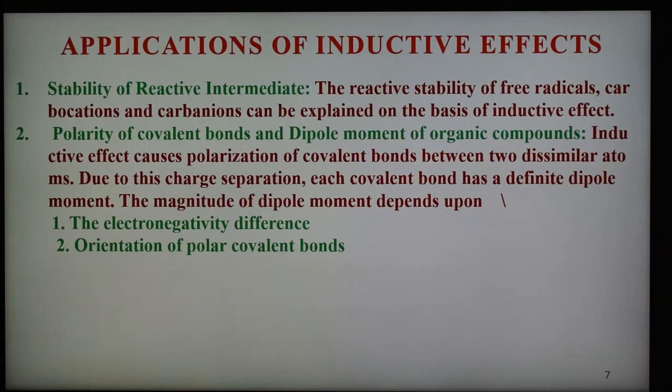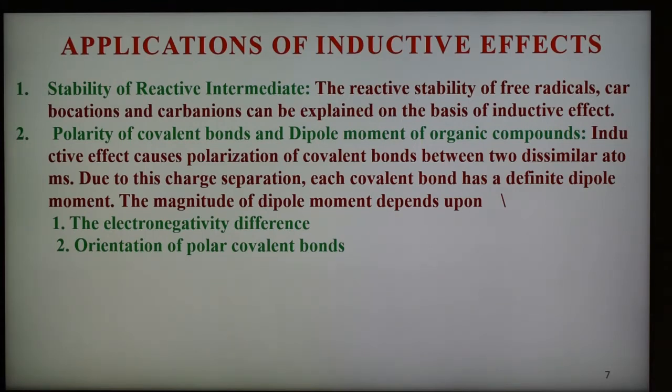In case of methyl alcohol, CH3OH, the dipole moment is 1.71 D, 3.5 to 2.5 is the electronegativity difference, and CH3F, methyl fluoride, has a dipole moment of 1.82 D, and the electronegativity difference is 1.5. So depending upon the electronegativity difference, in case of ethane 0 difference, in case of methylamine 0.5, in case of methyl alcohol 1, and in case of methyl fluoride 1.5.